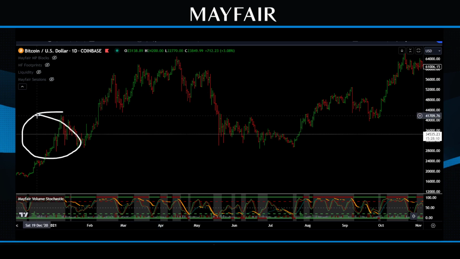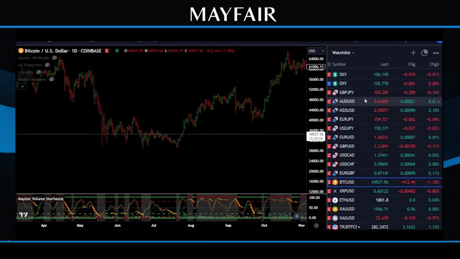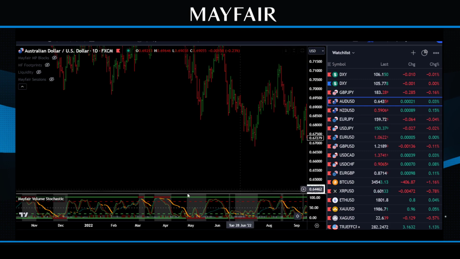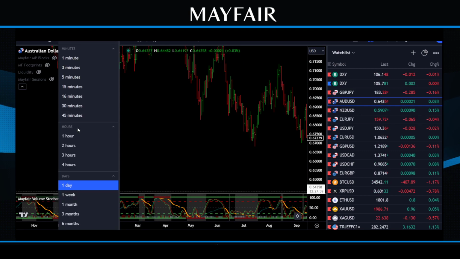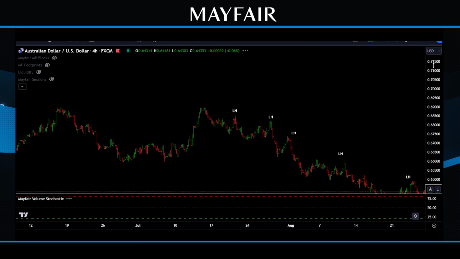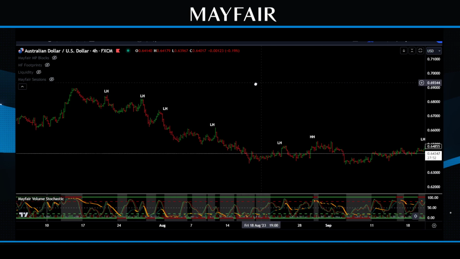Now, coming back to what I was saying just now with Aussie dollar, if I come back to a 4 hour time frame to start with, here we go. What I'm looking at with a move like this is what are the clues right now.